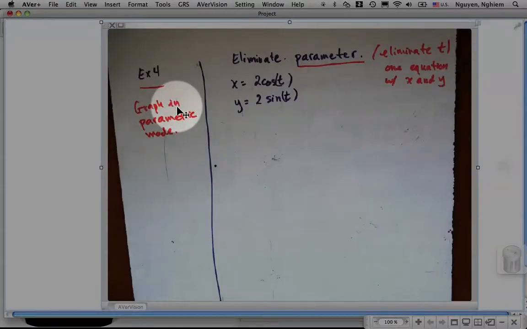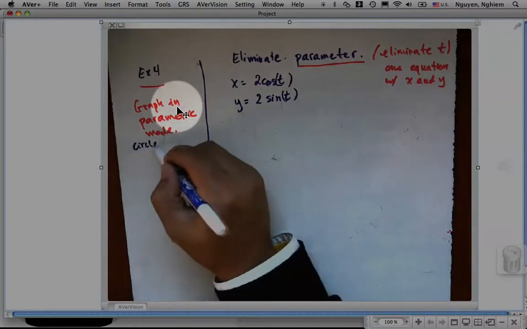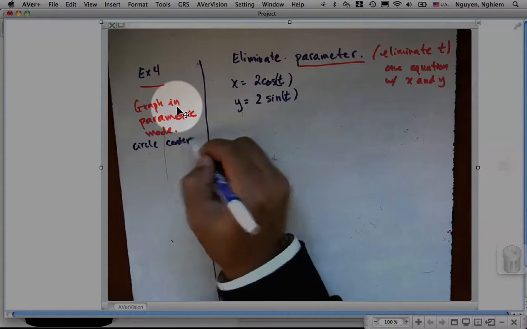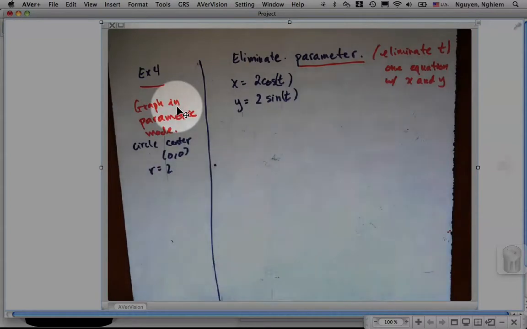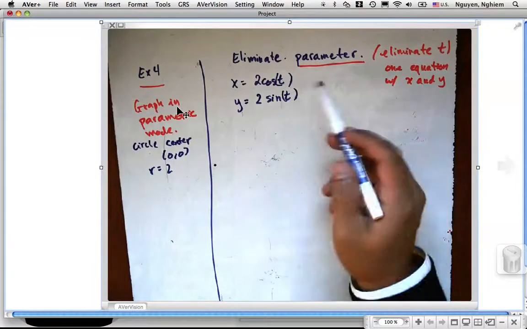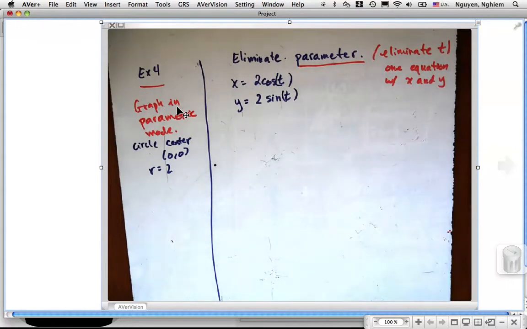So we know that this is a circle centered at 0, 0 with a radius of 2. That means once we're done eliminating the parameter, we should get an equation that represents a circle. So without further ado, let's get to work.